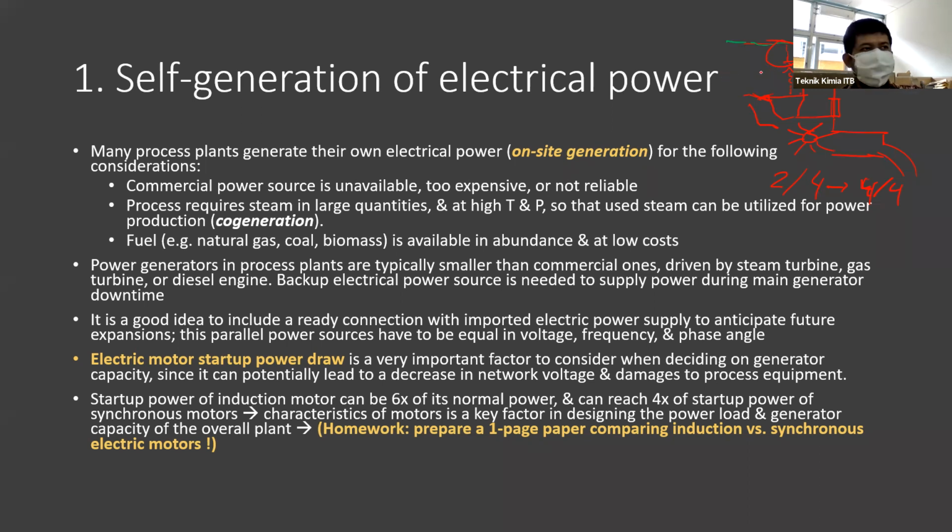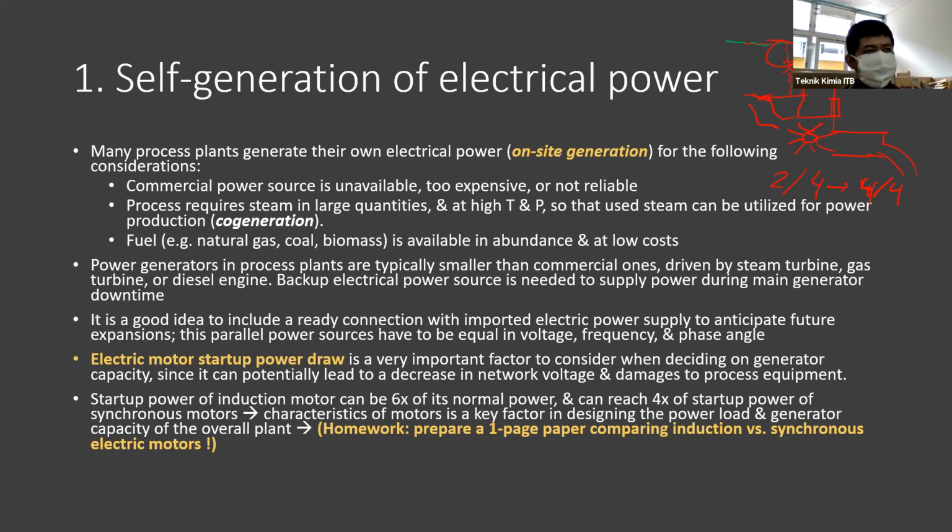If the chemical plant, which typically needs megawatts of electricity, asks PLN for supply, PLN will give up and say, we cannot do it because we don't have any capacity to supply your needs. That's the fact actually.